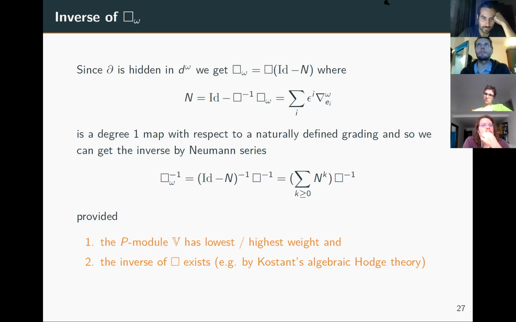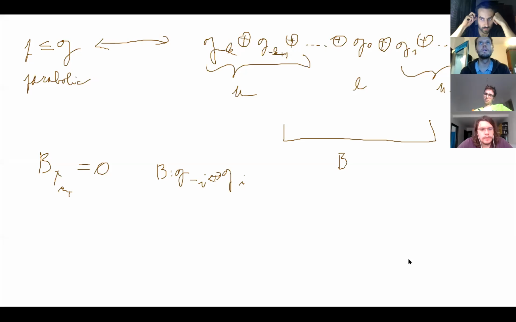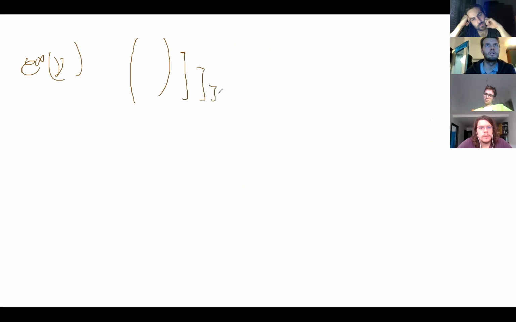Yeah. So maybe again just switch to whiteboard. Does it work? What I'm saying is that sections of your bundle are naturally filtered. So you have the sections of V, and then you have a subbundle, and sections of the subbundle.